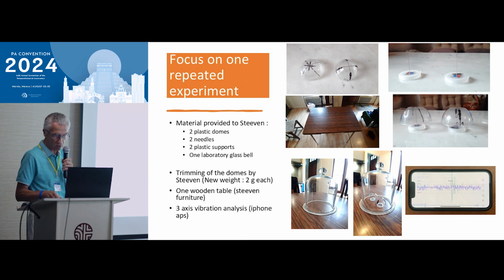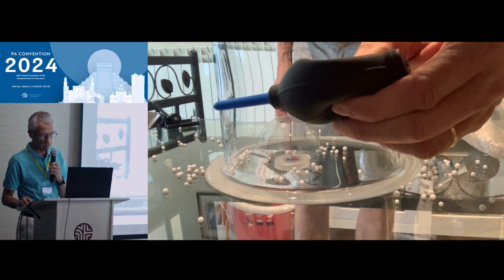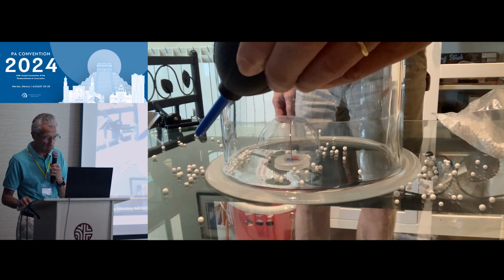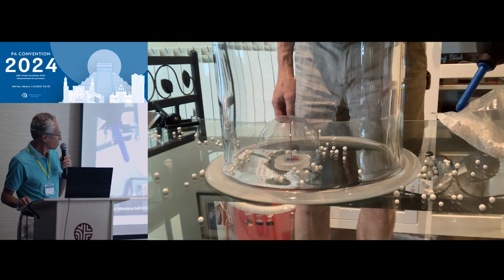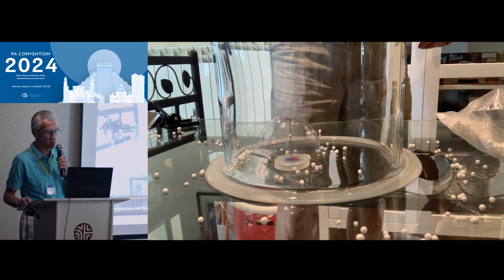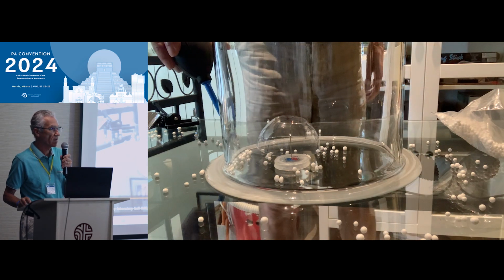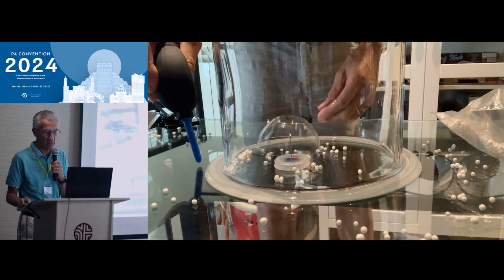I also have a quick video to show that it's really hermetic. You have a quick air pump, and you see that the polystyrene balls are not moving inside the laboratory bell, so there is no way for air to push inside the laboratory bell.